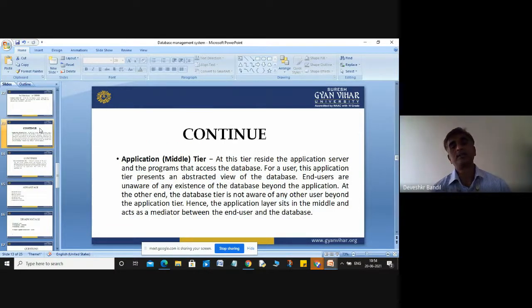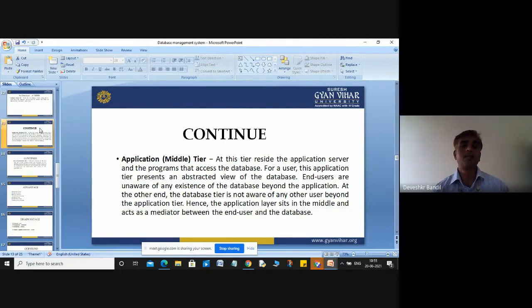And next is your application tier, which is the middle tier of your database. At this tier reside the application server and the programs that access the database. For a user, this application presents an abstract view of your database, and end users are unaware of any existence of the database beyond the application.